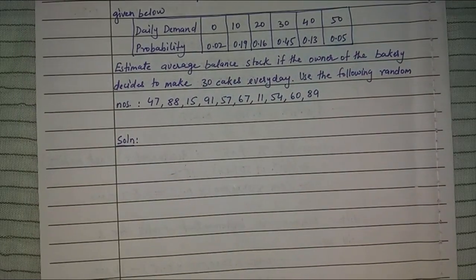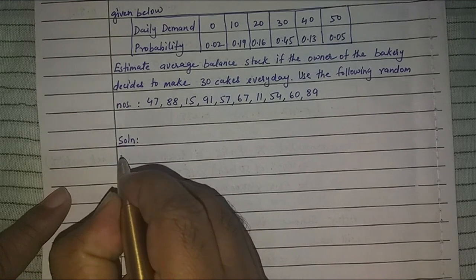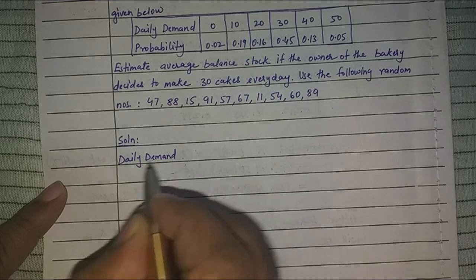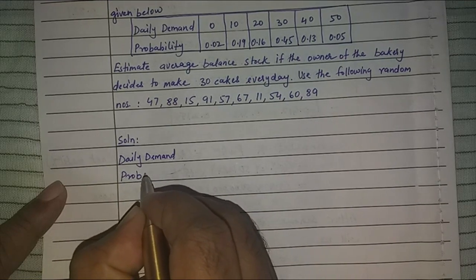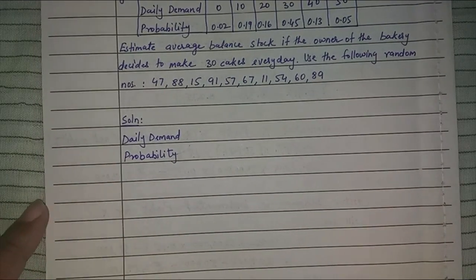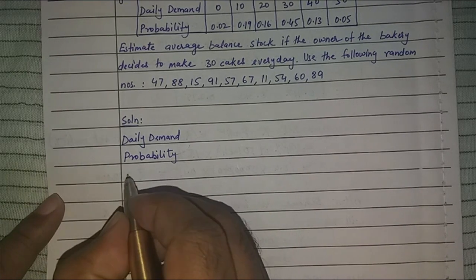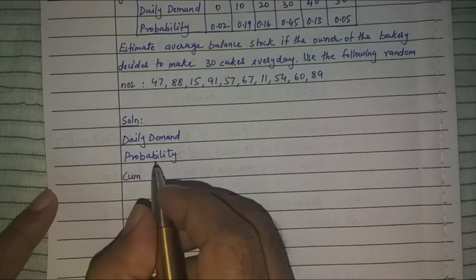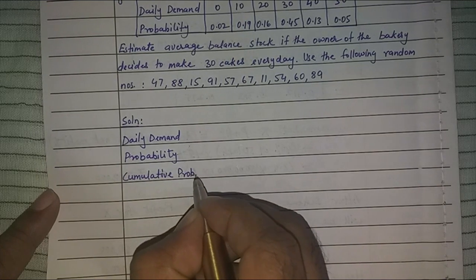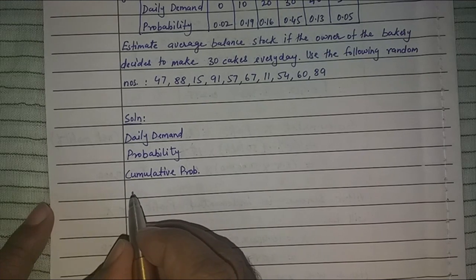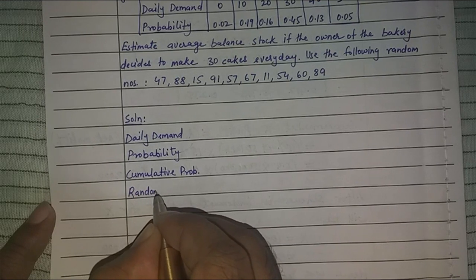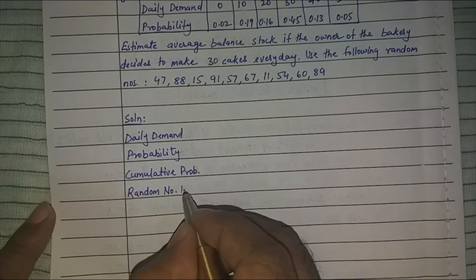So let us write the table here again. Here we have the daily demand and the probability which is given to us. Now there will be two more rows which I will be adding: one for cumulative probability, and the second for the random number interval.